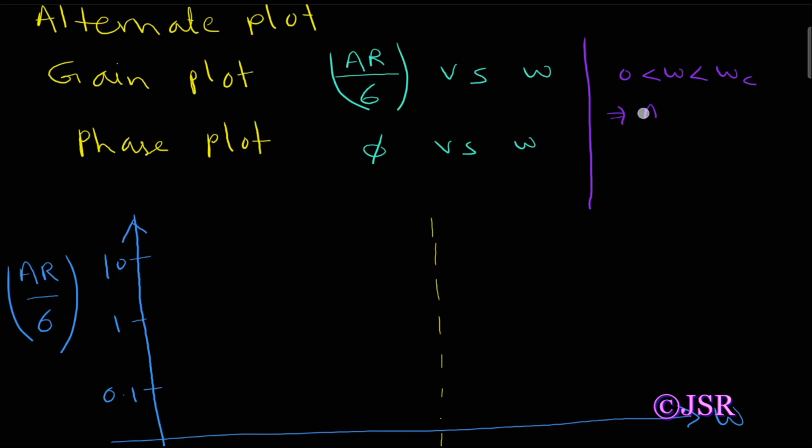So the AR by 6 will approach 1 as omega tends to 0.